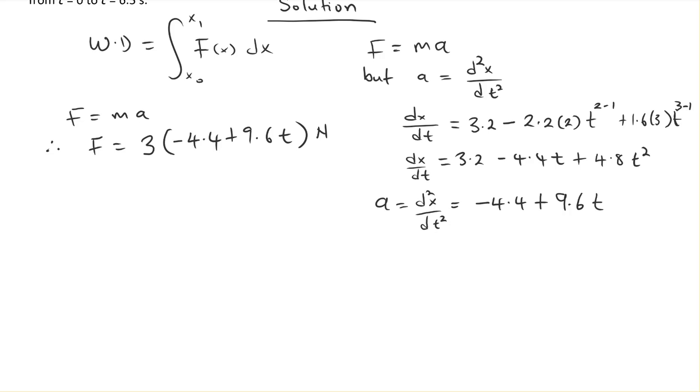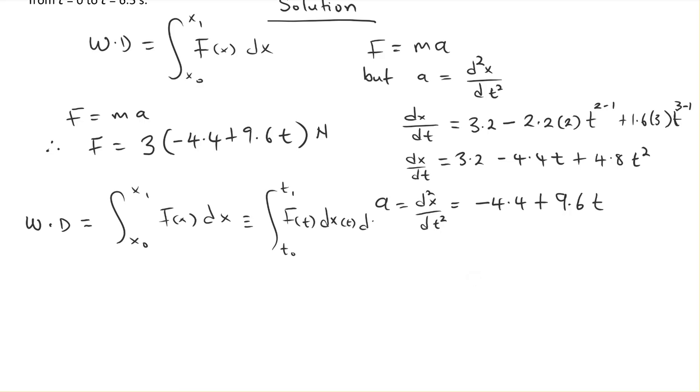If we want to transform this expression, work done, given by the integral from x0 to x1 of F of x dx, to an expression in t where F is a function of time, then we have to find dx as a function of time, dt.